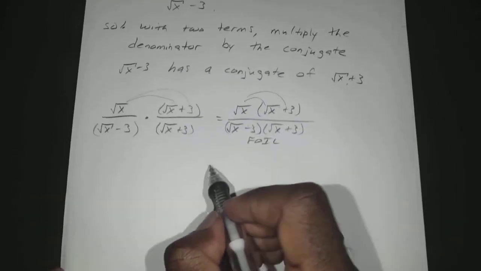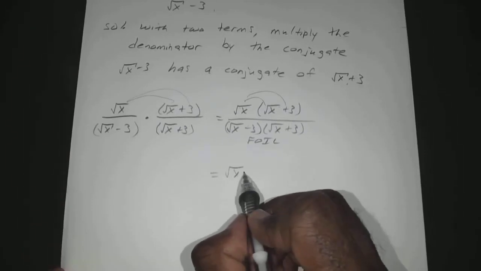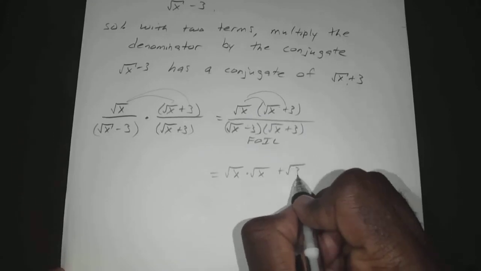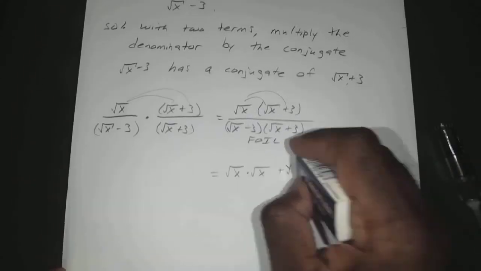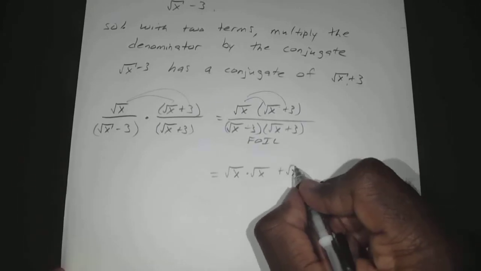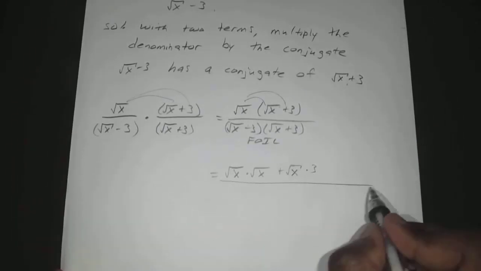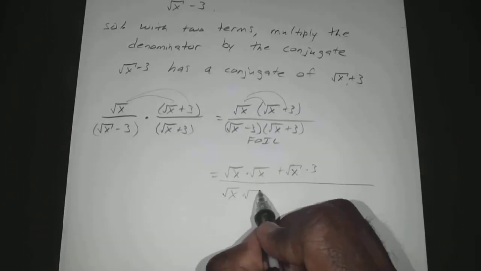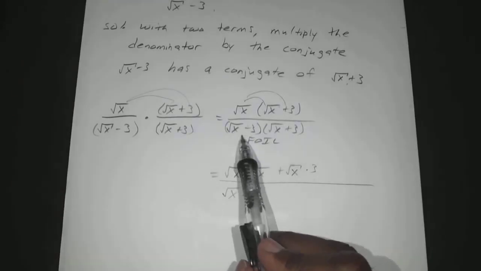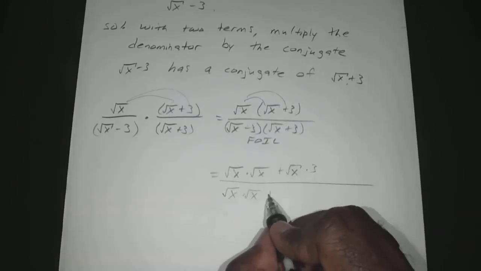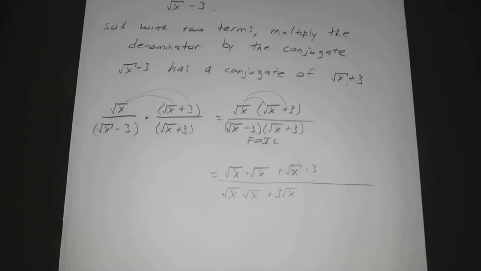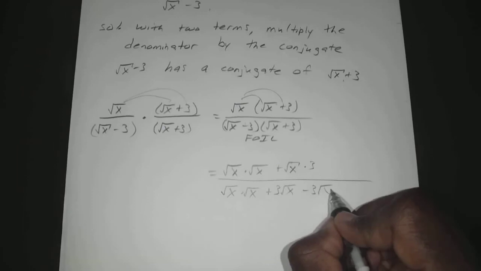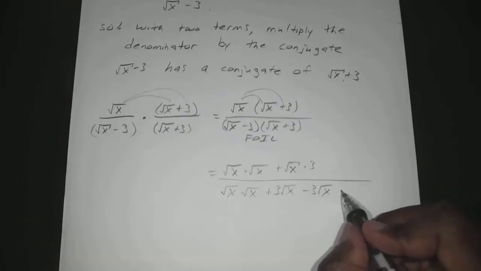Okay, so you have square root of x times square root of x plus square root of x times 3 over, here you have square root of x times square root of x. For your first, your outer is 3 times square root of x. Your inner is negative 3 times square root of x. And your last is negative 9.